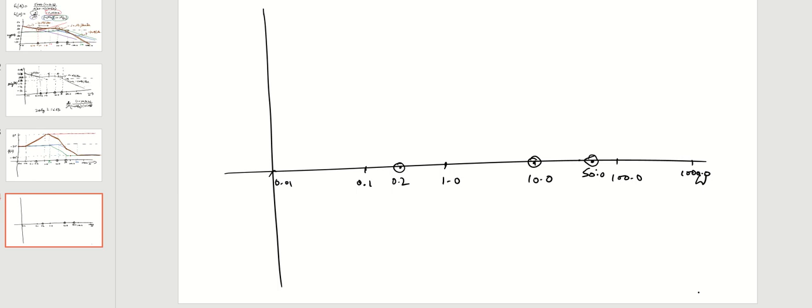All right, you have 0 here, minus 90 here, and plus 90 here.